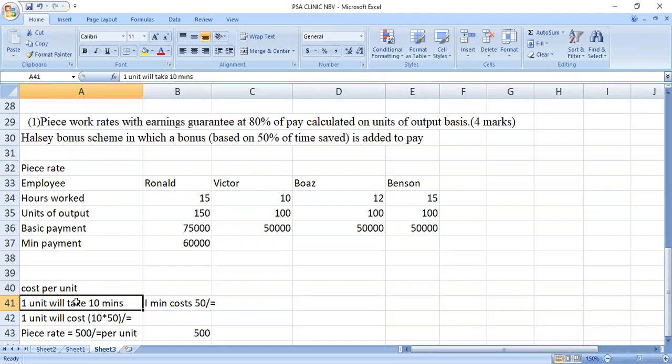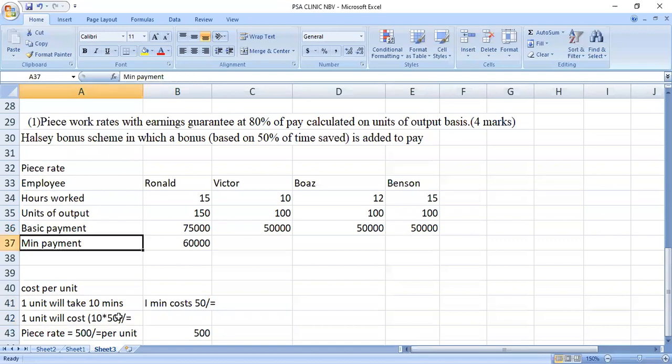As far as the question is concerned, they said that 1 unit will take you 10 minutes. That's the standard. And we all know that when they are setting rates, they base on the standard. So we're supposed to use the 10 minutes and the 50 shillings for each minute, for you to know how much you're supposed to be paying for each unit. So we cannot convert to hours yet because we don't need it.